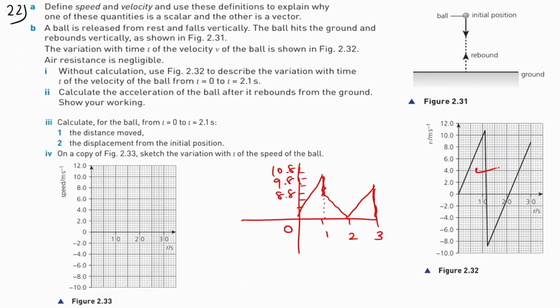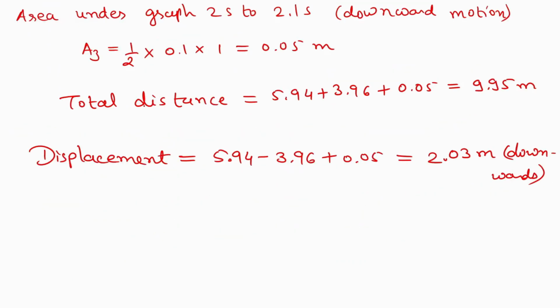Here A1 is on the positive side, and A2 is on the negative side. So you should consider the direction when you calculate the displacement. I hope the concept is clear, and it will be 2.03 meter downwards.